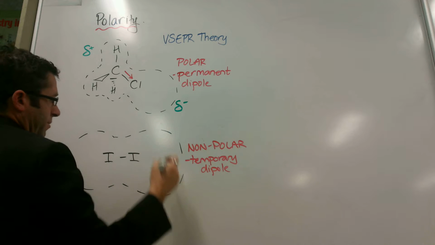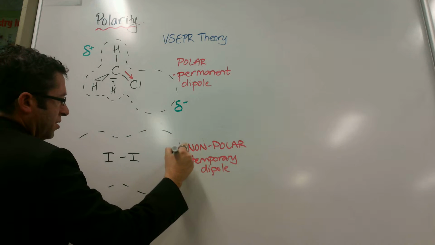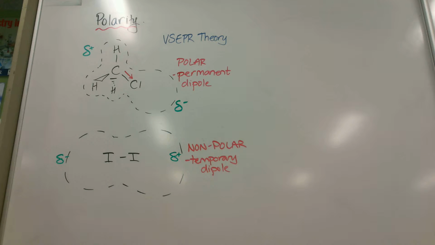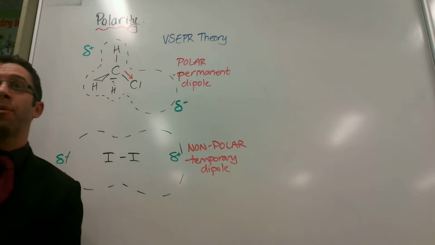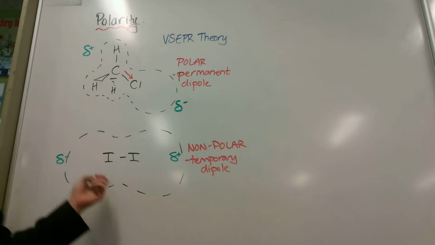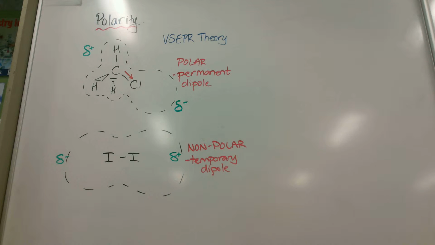If, however, this iodine molecule was to encounter another iodine molecule, a neighbouring one, it can actually induce a dipole, force a dipole on the other one. This is easier if you have a larger electron cloud than with a smaller electron cloud.